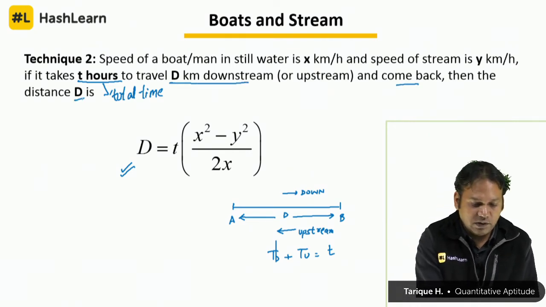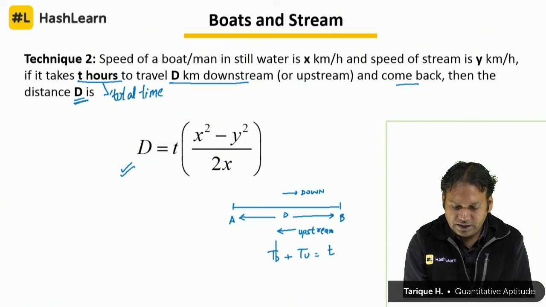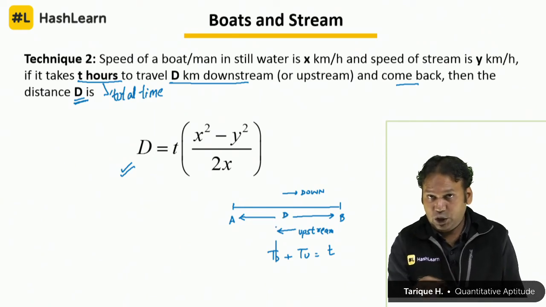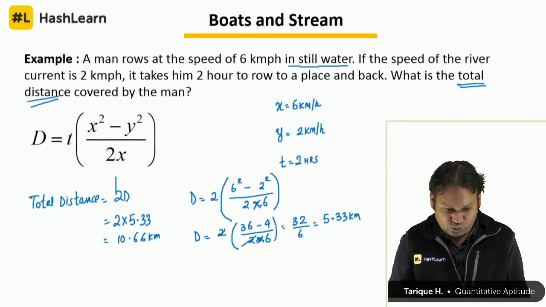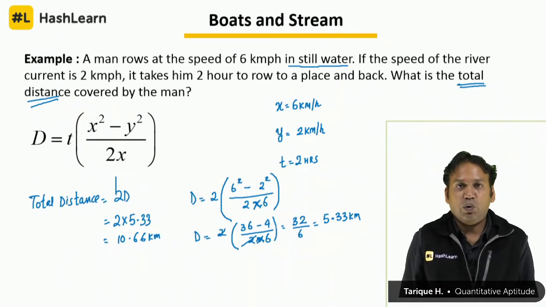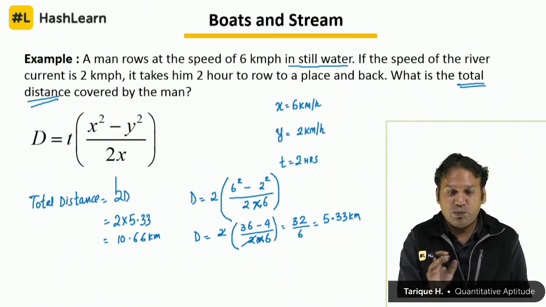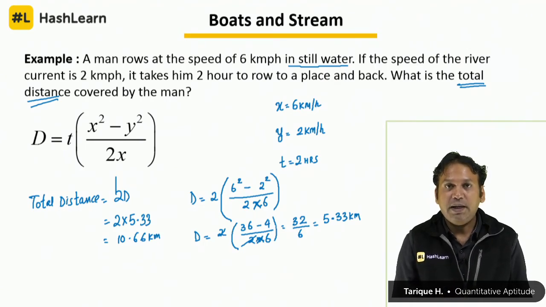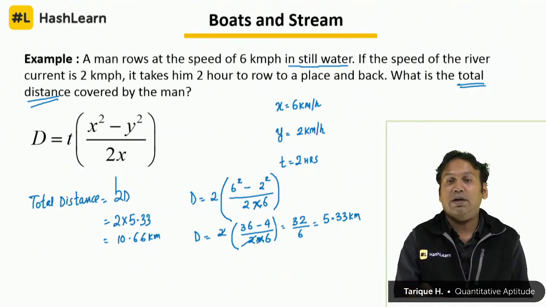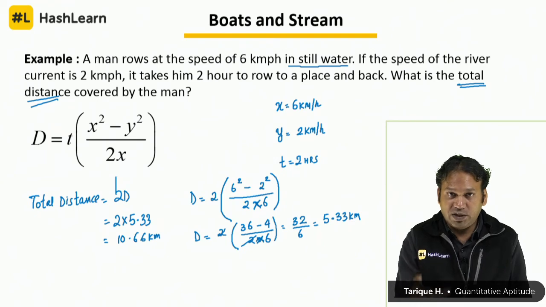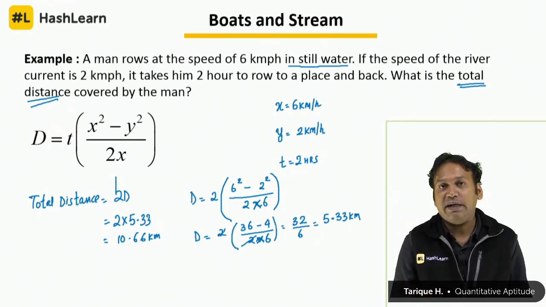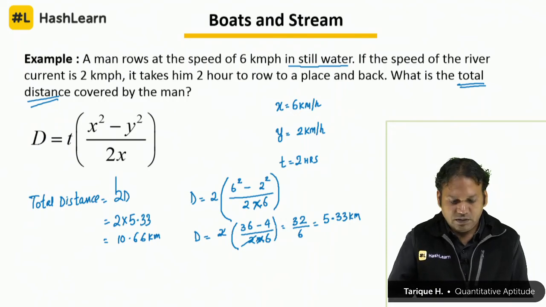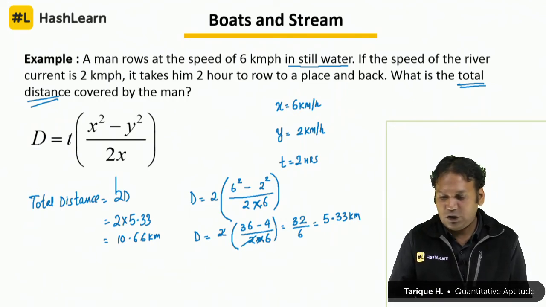So, d is only one side, you are going d kilometers downstream, coming back d kilometers upstream. So, total distance will always be into 2. Once you calculate d using the formula that I have given to you here, multiply with 2 to get the total distance. If they ask you what the distance between the 2 points that is covered, A and B, then the answer will be directly d. Okay. So, here the answer will be 10.66 kilometers in this example.